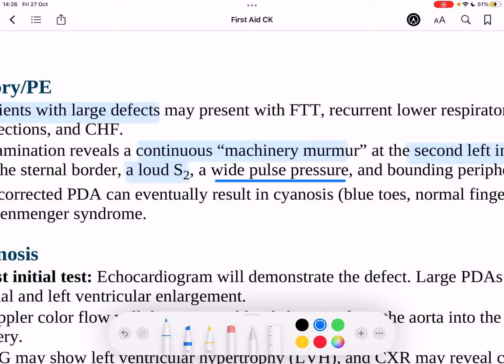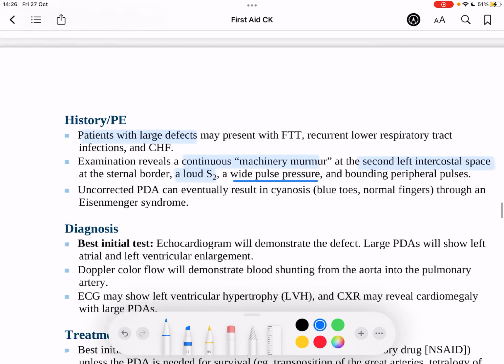The pulse pressure is the difference between your systolic and your diastolic blood pressure, okay? The systolic blood pressure here is not going to be affected, but during diastole, you're going to have blood that's going out into the pulmonary artery, okay? So the blood pressure is going to decrease in diastole. This is going to widen the pulse pressure.